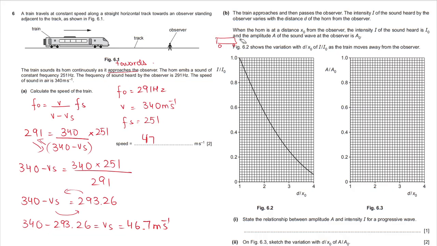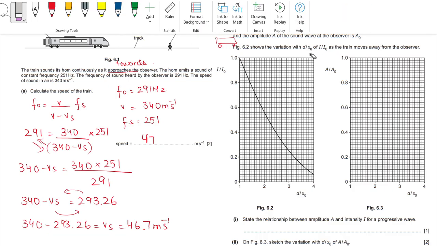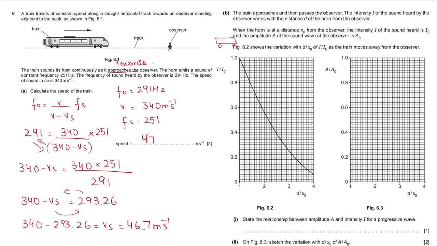After that it says that, yeah, with the distance d of the horn from the observer, we can clearly see, okay, that as the distance increases, intensity is decreasing because intensity is inversely proportional to the square of distance. Okay? That is why as it increases, the intensity is decreasing.